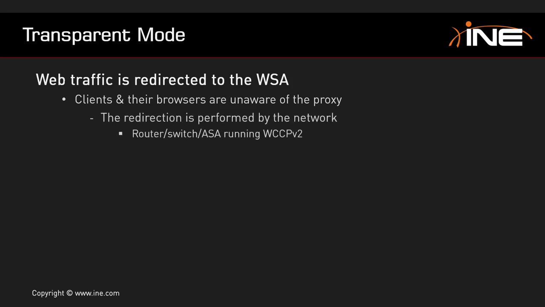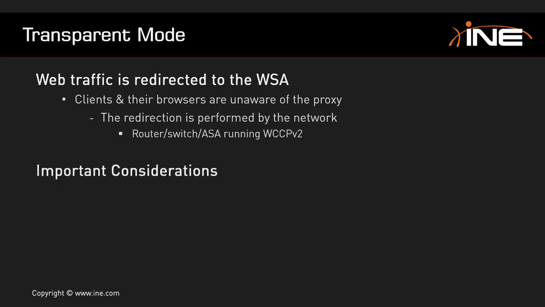So in this case, it's going to be the network that intercepts web communication. There's going to be a redirection device. It could be a router, a switch, or an ASA that is running WCCP, which eventually allows this device to take those web packets and then reroute them to the proxy.